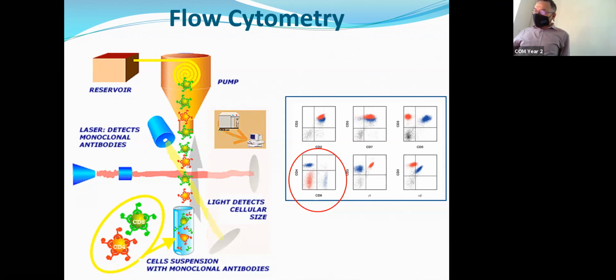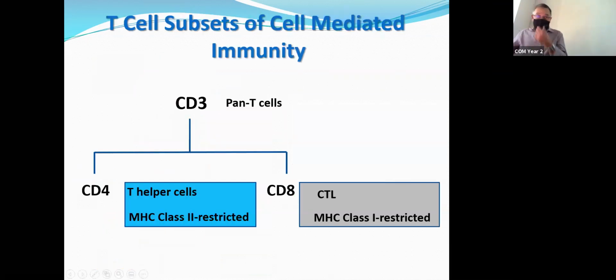Just to repeat, all T cells are recognized by expression of CD3, and T helper cells are CD3 positive and CD4 positive and recognize antigen in the context of class 2 MHC, and CD8 cells recognize antigen in the context of class 1 MHC.